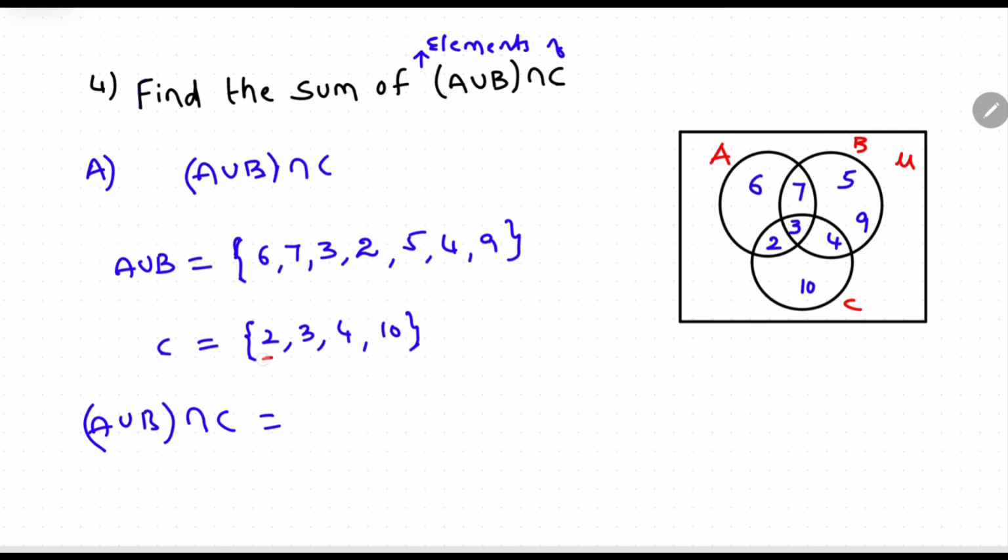So 2 common, 4 common, 3 common. Okay, so therefore 2, 3, 4 is the common. Now what is the sum of the elements there? So therefore sum equals 2 plus 3 plus 4 equals 9.